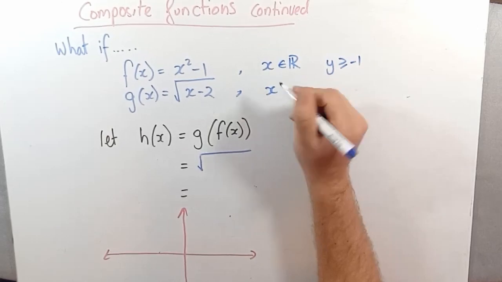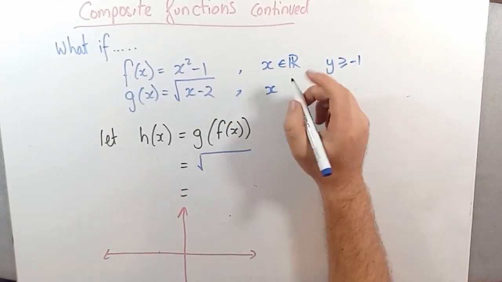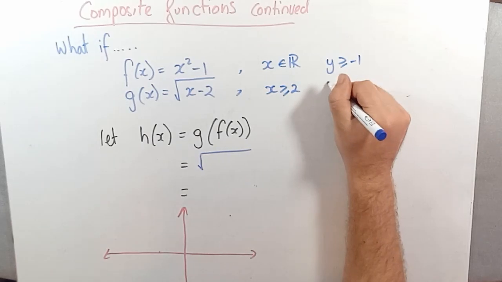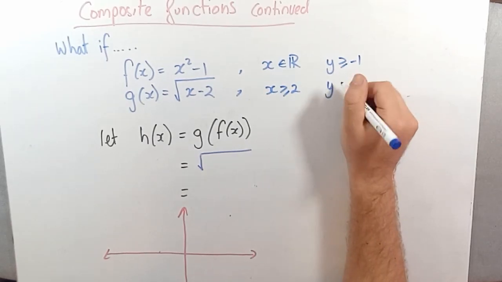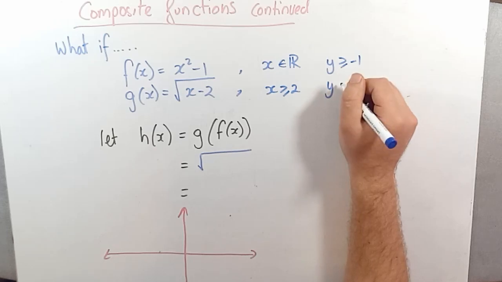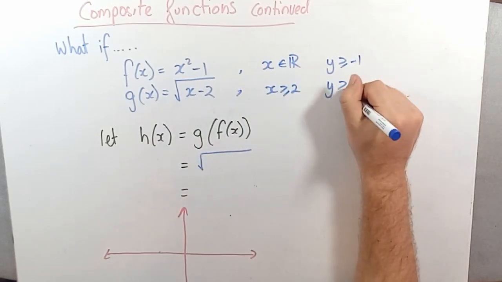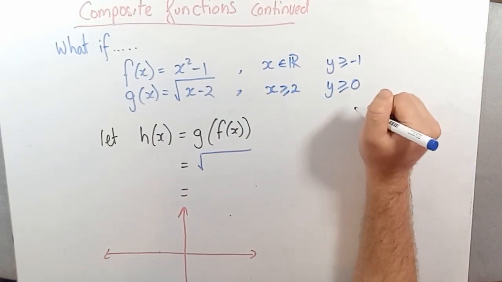Cool. For this one, x has to be bigger than or equal to 2, and then y is greater than or equal to 0. So we're going to get numbers that are bigger than or equal to 0.